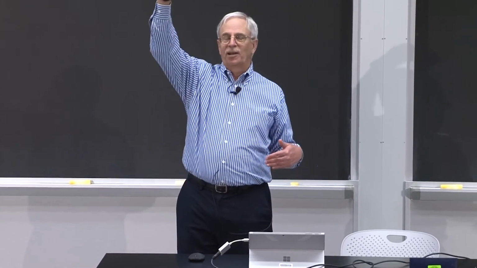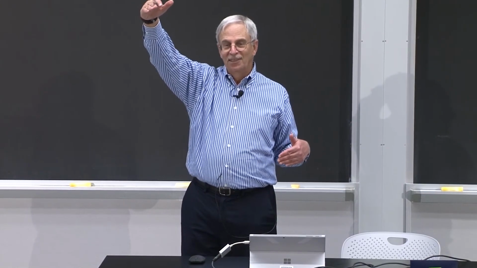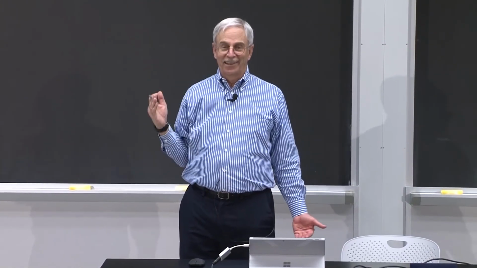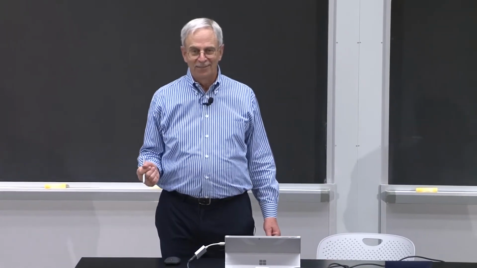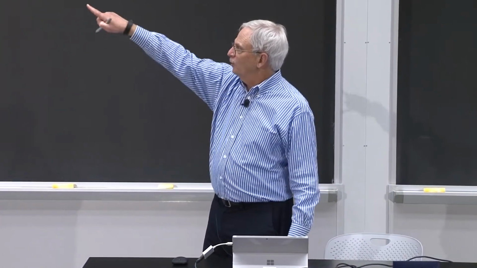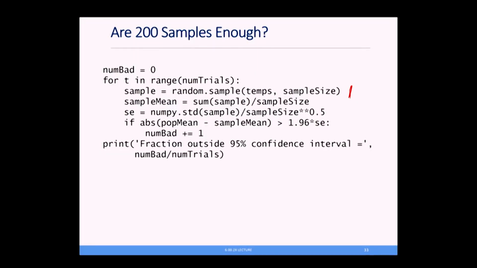Because it's organized by city. So if I happen to choose the first day of Phoenix, all 200 temperatures were Phoenix, which is not a very good approximation of the temperature in the country as a whole. But this will work. I'm using random.sample. I'll then get the sample mean. Then I'll compute my estimate of the standard error.